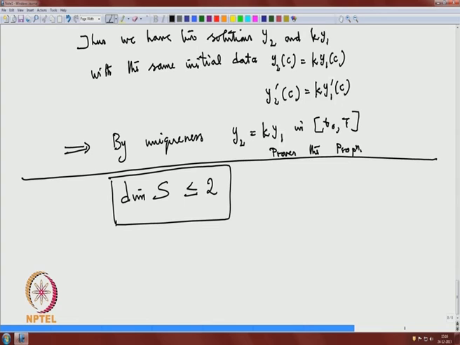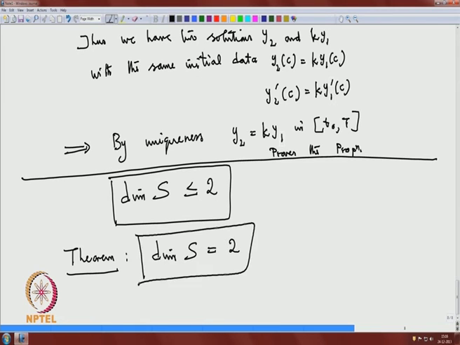Let me do the next theorem before I complete this lecture. Theorem: S is the set of all solutions to the homogeneous equation, please keep that in mind. The dimension of S is equal to 2. The proof is now not difficult.